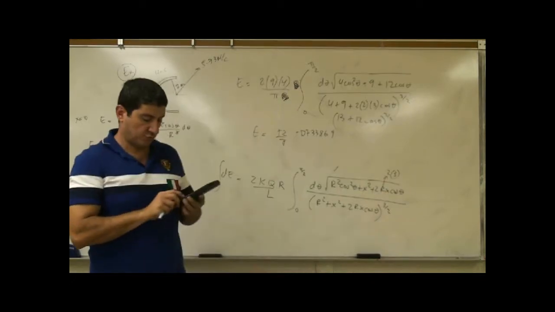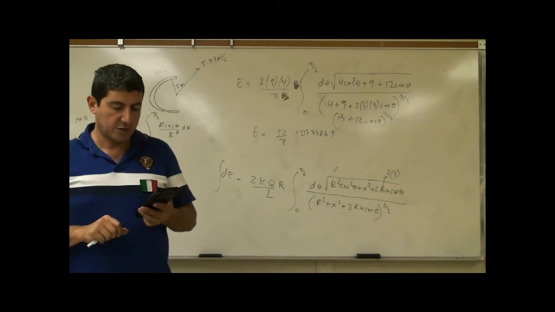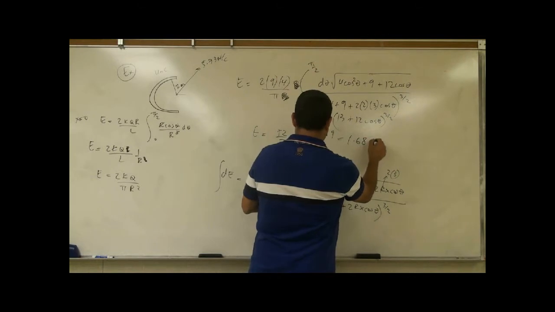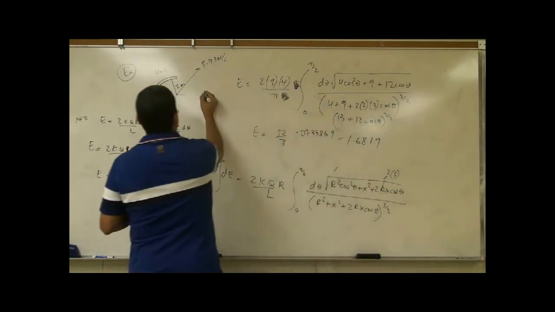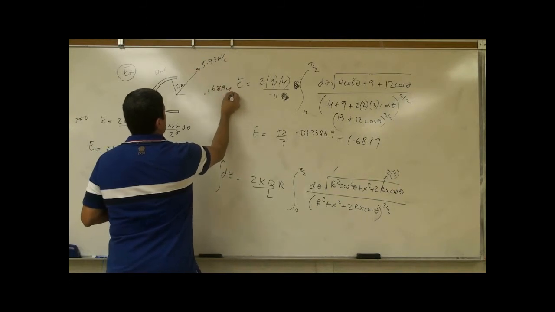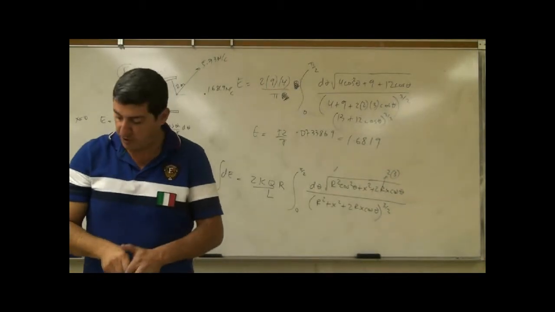So same thing. Multiply by 72 divided by pi. 1.6819. So the electric field here is 1.6819 newtons per coulomb. Here, the electric field is 5.73. Does that make sense? Yes, it gets weaker, right?